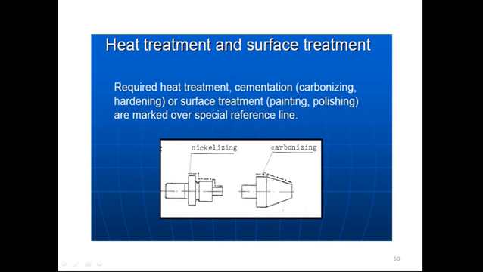So like this we make one leader line, and above this leader line we write down this process. Like this, for any kind of surface treatment like painting or polishing, on whichever surface you want to perform the operation, we make one leader line on that surface and above this leader line we write down such operations. It is a conventional practice in industry to show it on a drawing.